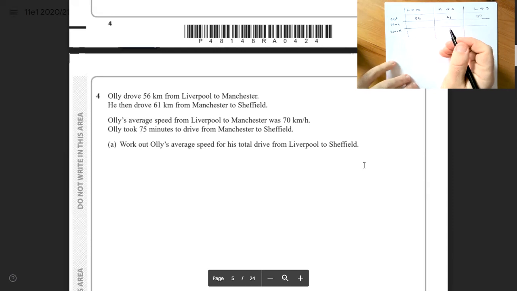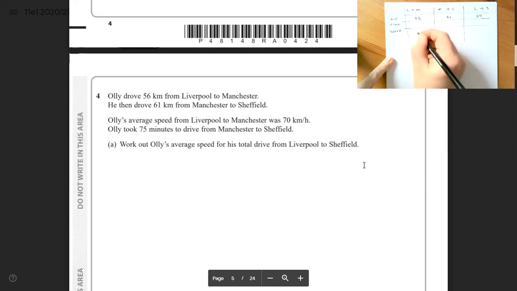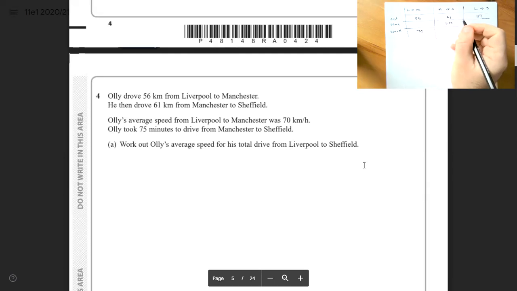Ollie's average speed from Liverpool to Manchester was 70 kilometres per hour, and it took him 75 minutes, which is 1.25 hours. Because we're working in kilometres per hour, I need that time in hours. Speed is distance over time. So I want to find the time, so I cover up the time and it's distance divided by speed.